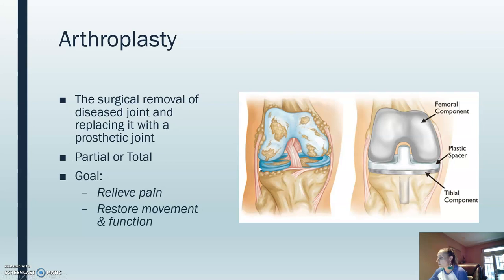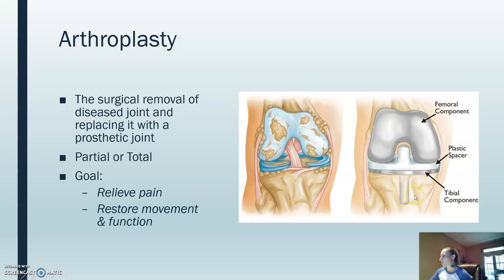A lot of times we won't do this unless somebody's a little older, because these joint replacements can only last 10 to 15 years. So I wouldn't necessarily want to do it with somebody who's 50, and then they would possibly require another joint replacement later on in life, because maybe we won't be able to do another one. You can't just keep taking bone out and replacing it with prosthetics.